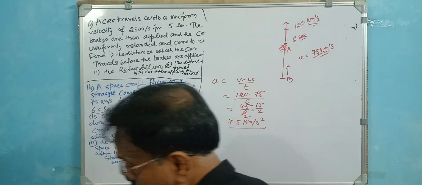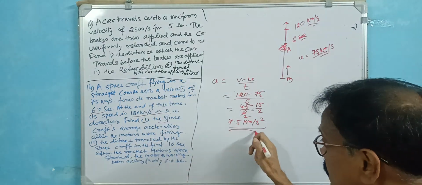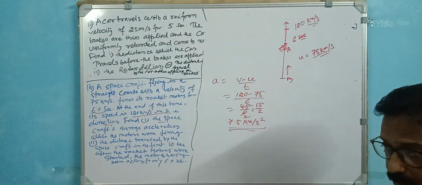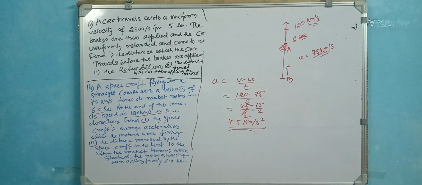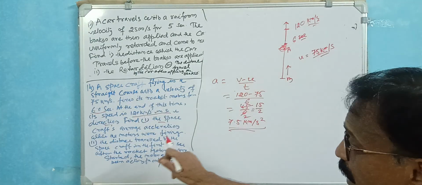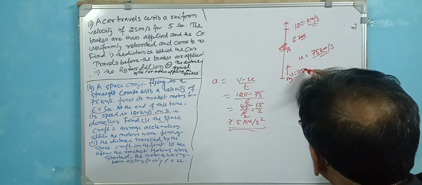Is that clear? Find the spacecraft's average acceleration. Here u is 75 kilometers per hour.